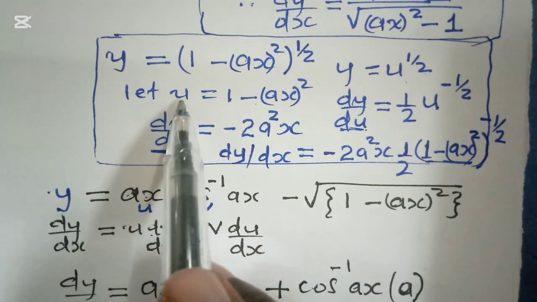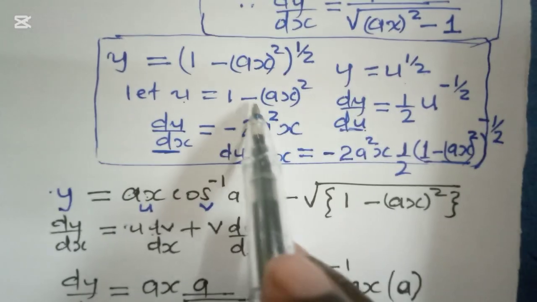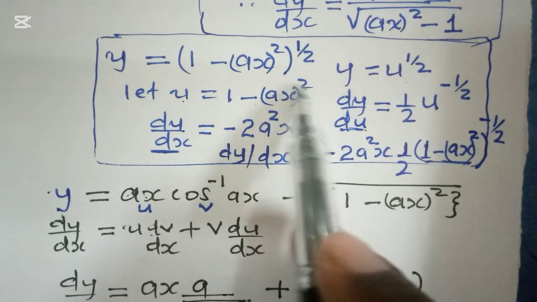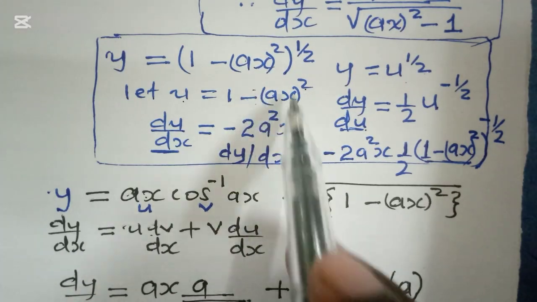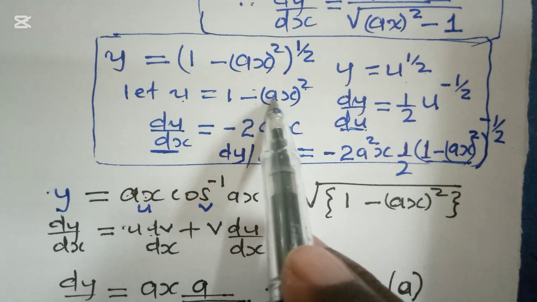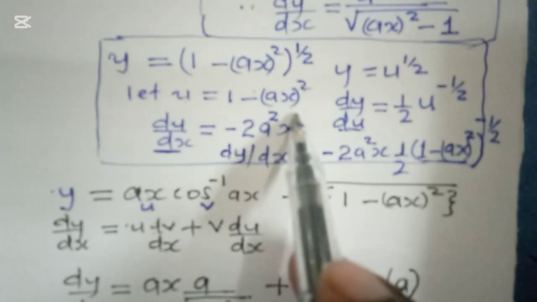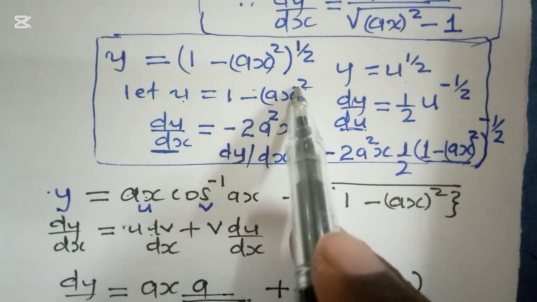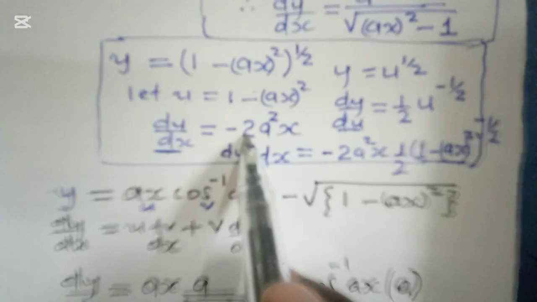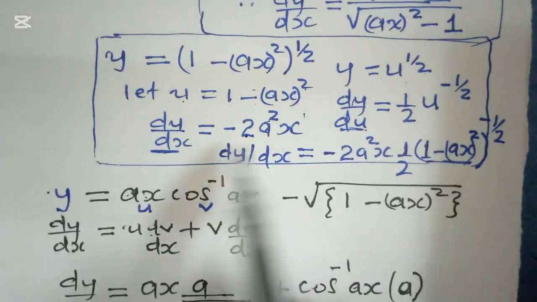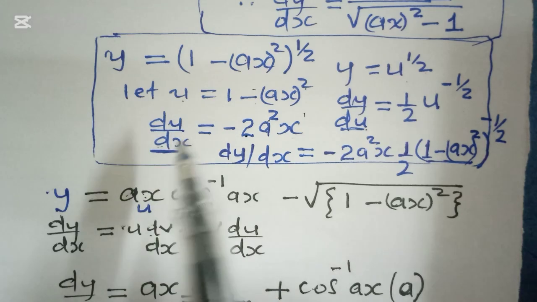Then coming to du, for du we shall have negative. These two will come in front here, but remember these ones are squared, both a and x, and that's why I've written a squared. So the 2 which is the power of x will come here, and then here will be left 1, and so this is the du dx.